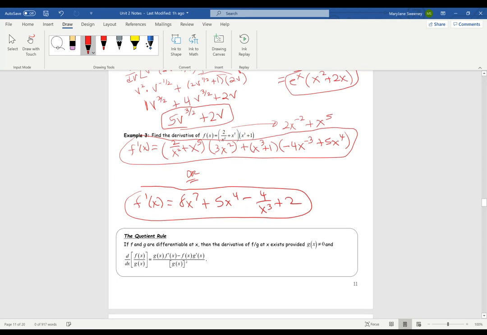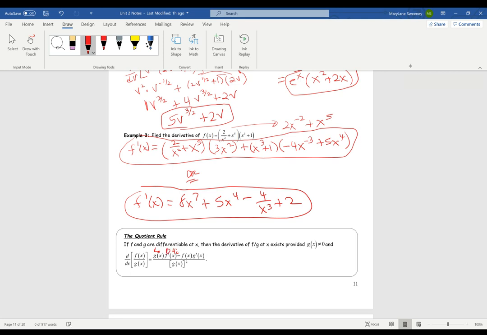Okay, quotient rule. So they give you a derivative of a quotient. They say g of x times f prime of x minus f of x times g prime of x over g of x squared. The way I remember this is I say low, d high. Low basically means the denominator, right?